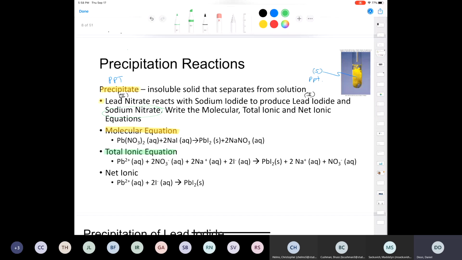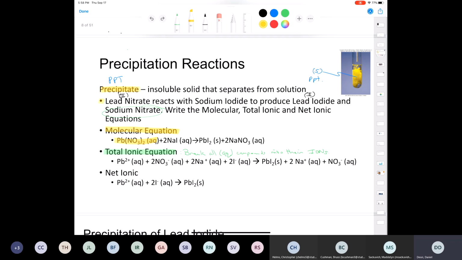The total ionic equation. What we do is we break all aqueous compounds into their ions. Okay? So if I look at lead 2 nitrate, right here, you see that it says AQ at the end?